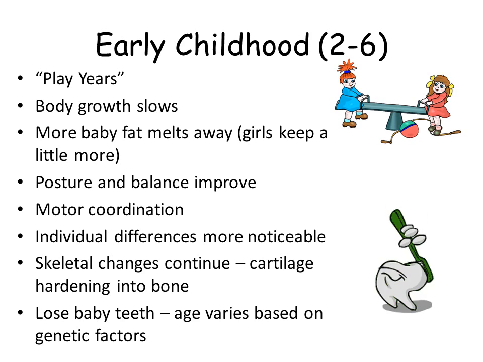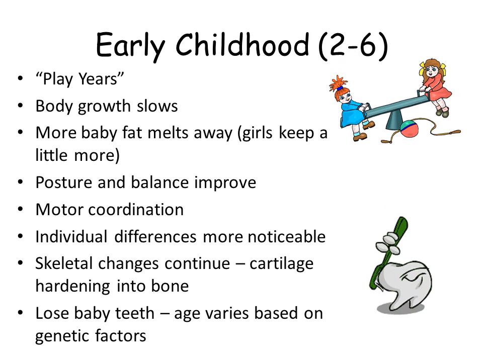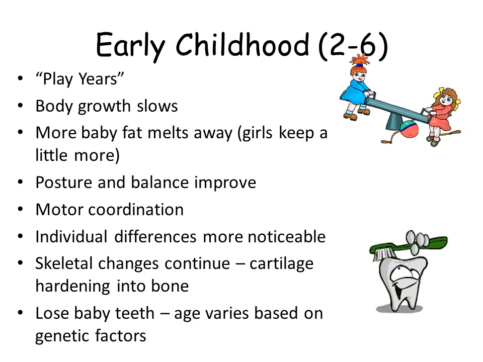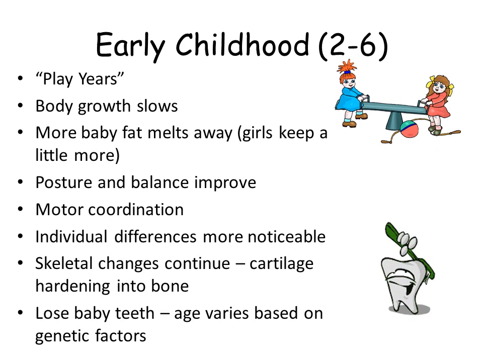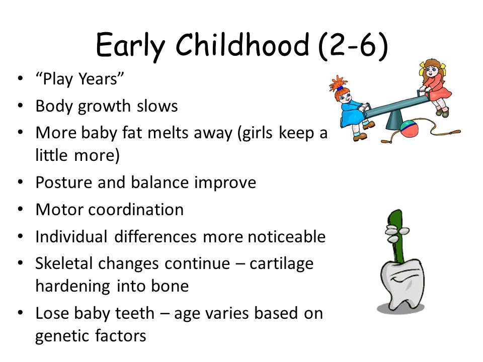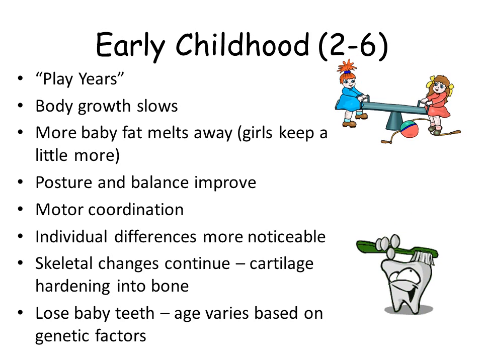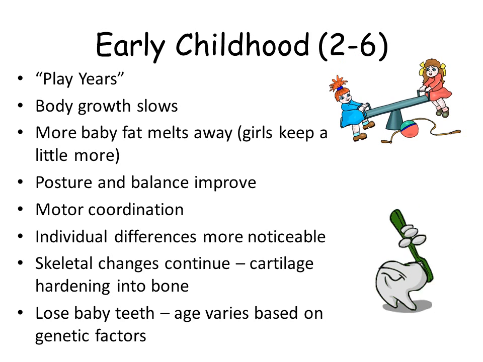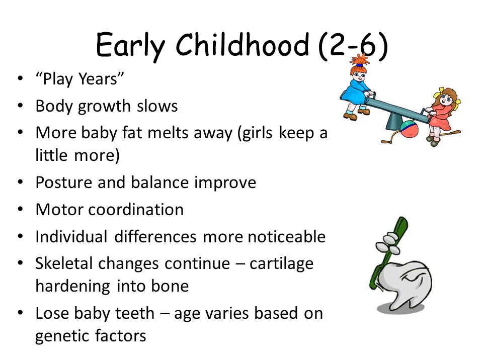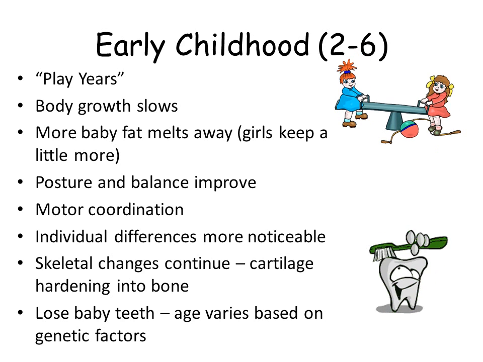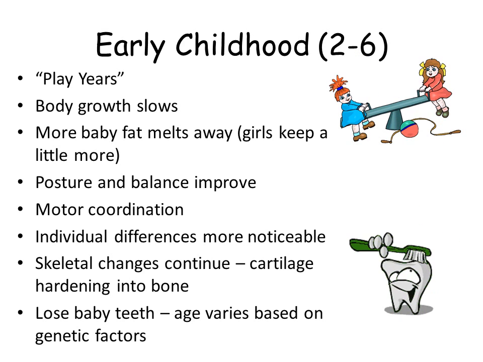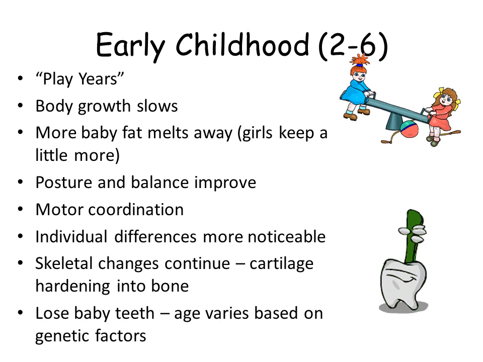But the younger one, it always bounced off her belly and she giggled because she didn't have that motor coordination yet. We start to notice individual differences, skeletal changes, cartilage hardening into bone. And you start to lose your baby teeth, and that age varies, and we think that that's genetic factors.